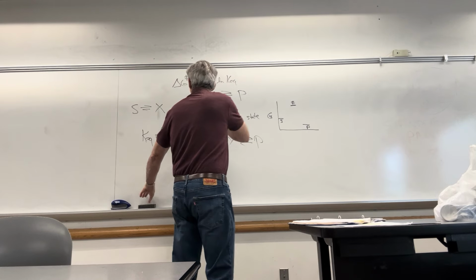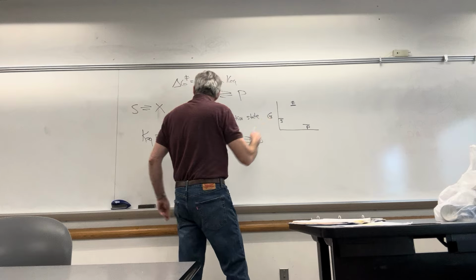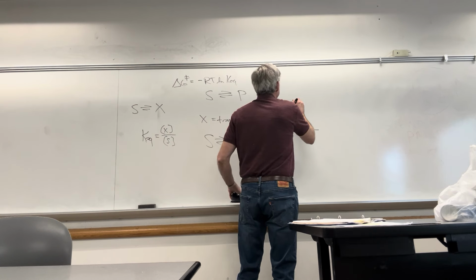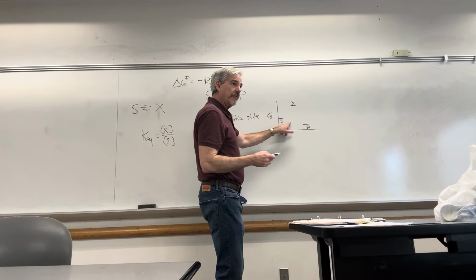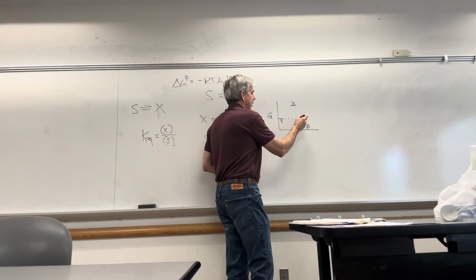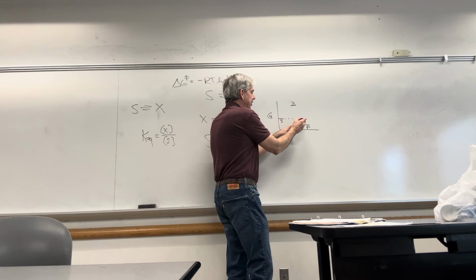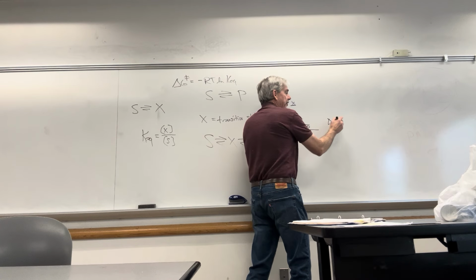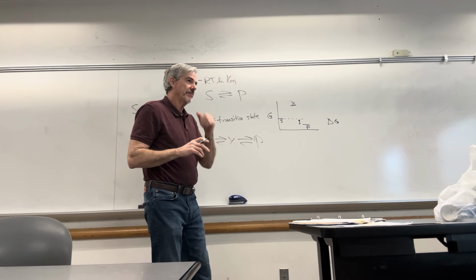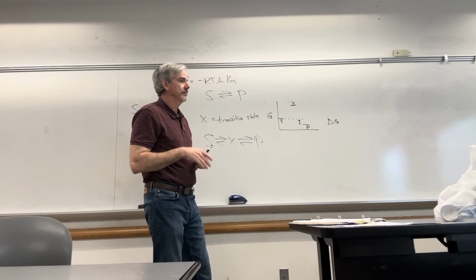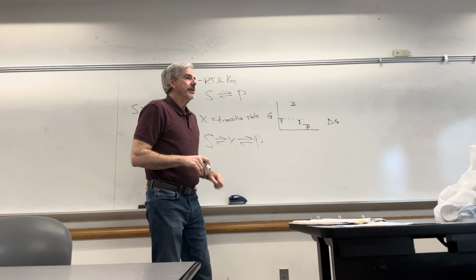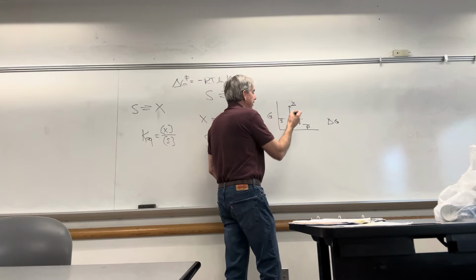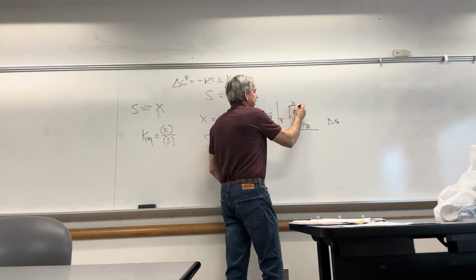I guess I could call it X, but I identified with that symbol here today. So the difference in energy between substrate and product, that's just our regular delta G. The difference in energy between the substrate and the transition state, that's our activation energy.